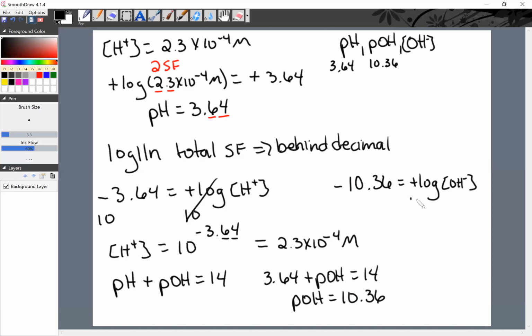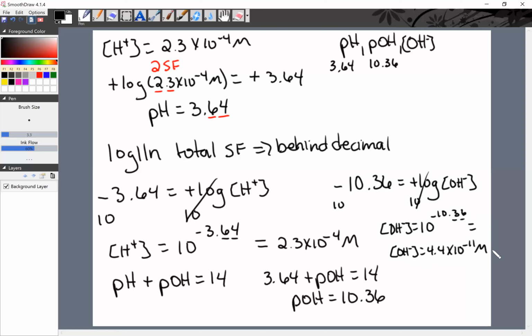And if you want to get rid of a log, do the anti-log. And so the hydroxide would be 10 to the negative 10.36. There's 2 after, so my answer should have 2 total. And 4.4 times 10 to the minus 11th. Don't forget your unit. We're back into molarity.